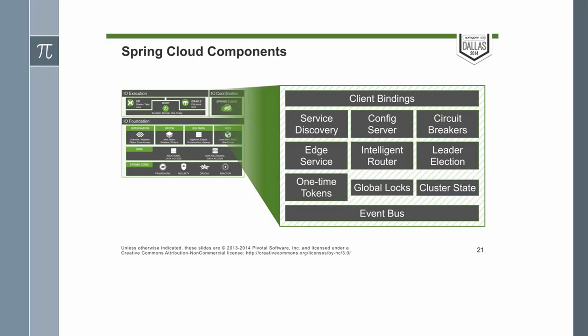AMQP itself is a messaging protocol. It stands for Advanced Message Queuing Protocol. We have other protocols like MQTT, Stomp, OpenWire, XMPP for transferring messages in a distributed system, each with their own pros and cons.